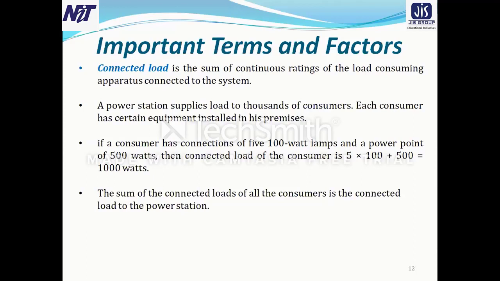If a consumer has connections of 5 lamps of 100 watts, as an example, and a power point of 500 watts, then the connected load of the consumer is 5 into 100 plus 500, that is 1000 watt.